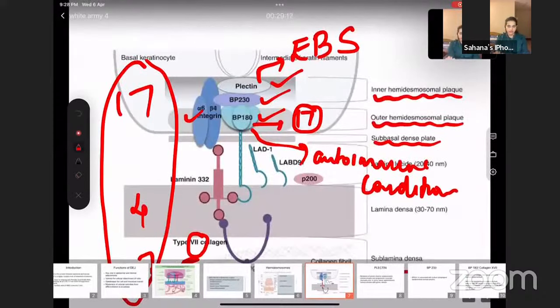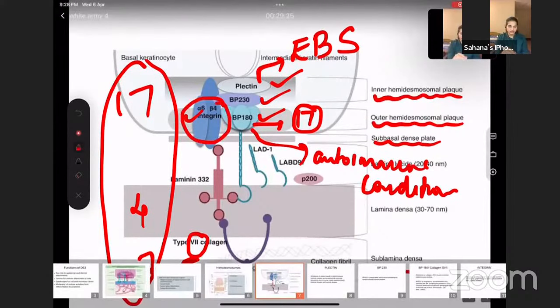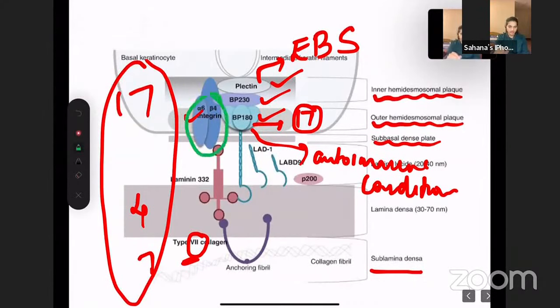This alpha 6 beta 4 integrin and this laminin 332, which come in the junction of, this is the lamina lucida.